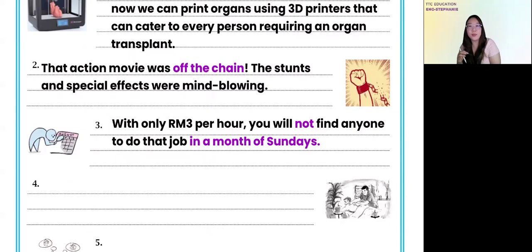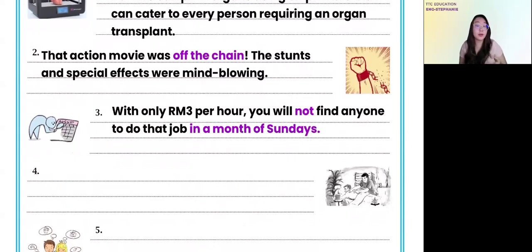From what I've seen from the nearest restaurant that just opened, they're trying to hire people, their cashier and also their waiter, waitress, stuff like that. They have already promoted that it's 8 ringgit per hour. So 3 ringgit per hour, of course, definitely not likely able to find anyone. So not find anyone to do that job in a month of Sundays. Okay. So this is a bit difficult, but if you are able to use it, it will be able to show or demonstrate how good your grammar or your vocabularies are.